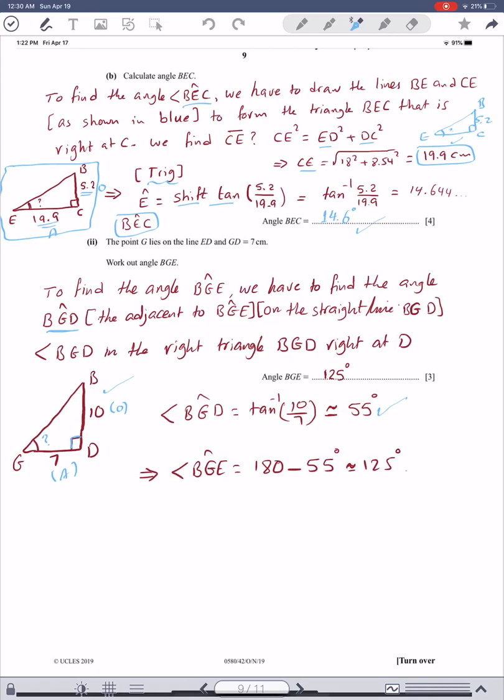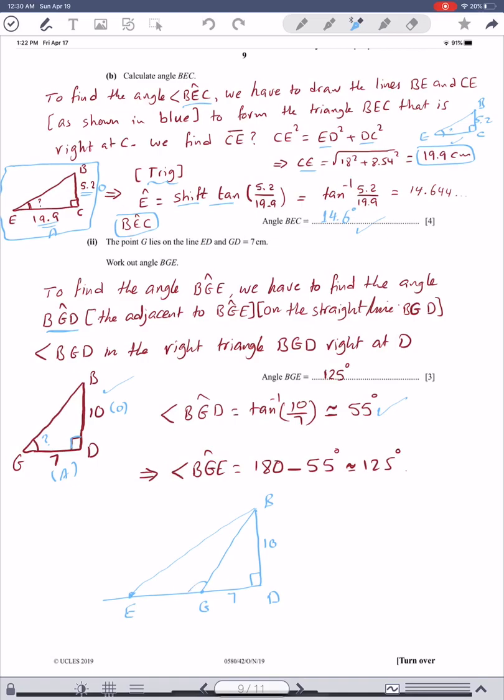Now I will explain BGE to you here. This is E here in the shape. So I'll be drawing it to you. This is E, this is G, this is D, and this is B. This is the right angle. This was 10, this is given 7.